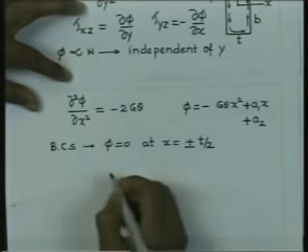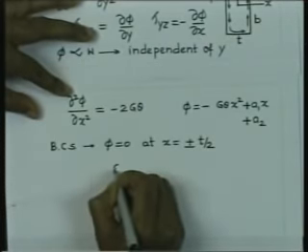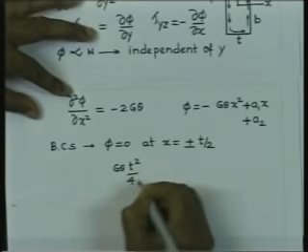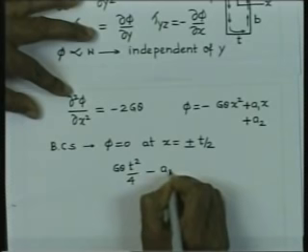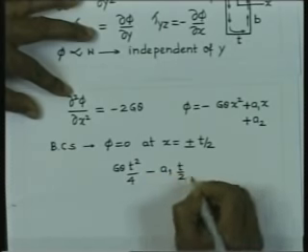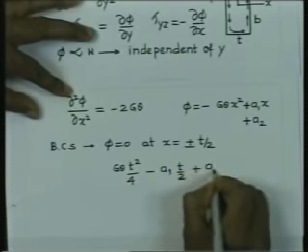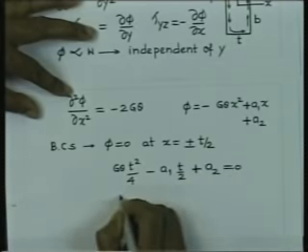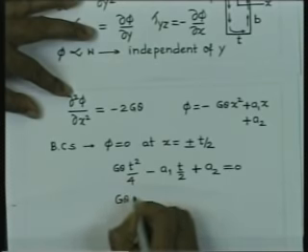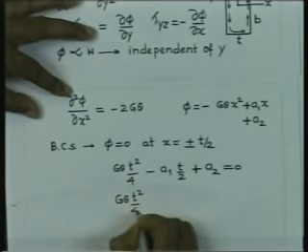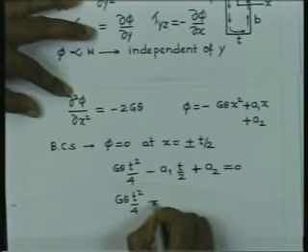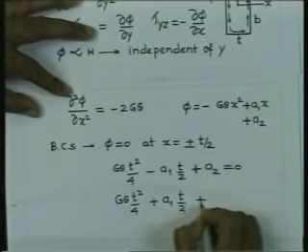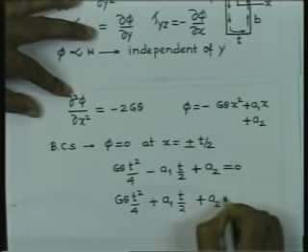If we substitute the values, we have minus g theta t square by 4 minus a1 t by 2 plus a2 is equal to 0. Similarly, for x is equal to plus t by 2, minus g theta t square by 4 plus a1 t by 2 plus a2 is equal to 0.